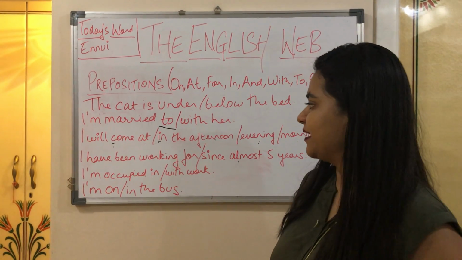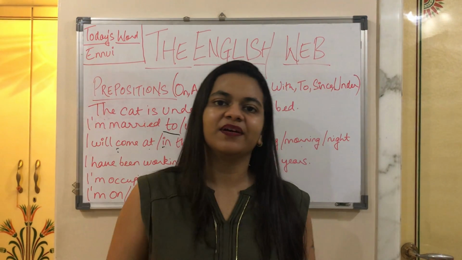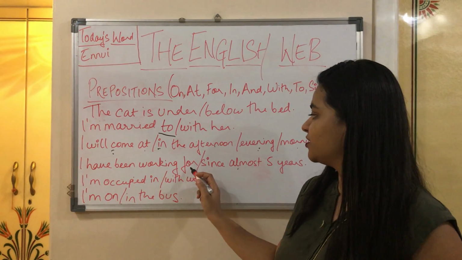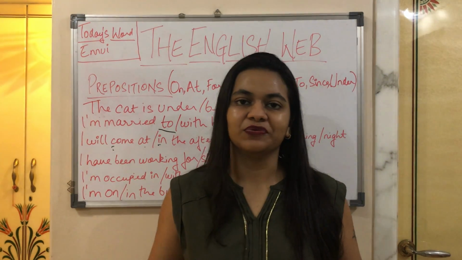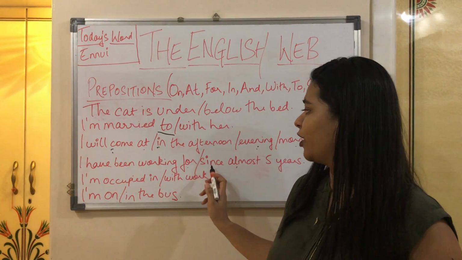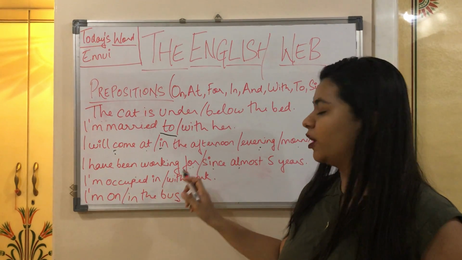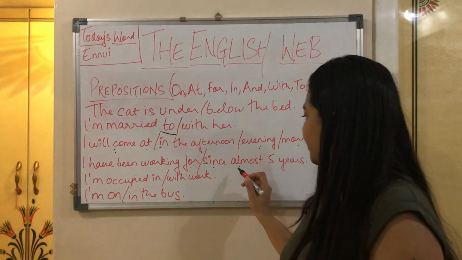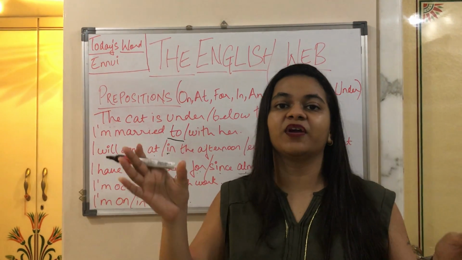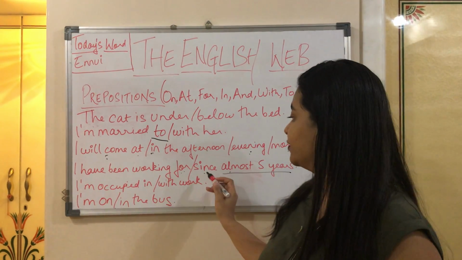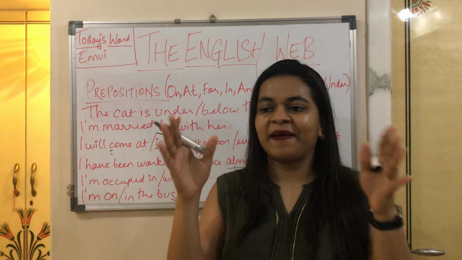Now the next sentence, I have been working for / since almost 5 years. These two prepositions are again very commonly used and also interchangeably used. When do you use for and when do you use since? You use for, like I have been working for, when you are not referring to a specific point in time. And you use since when you are talking about a specific point in time.